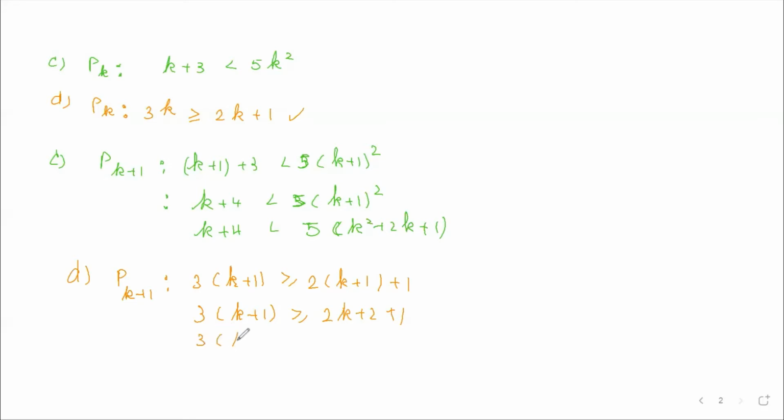So we have k plus 1 greater than or equal to 2k plus 3. That's the answer. Oh, this one should be k as a power. I'm wrong here, sorry. This is the index, not on the same line, so it should be k plus 1.